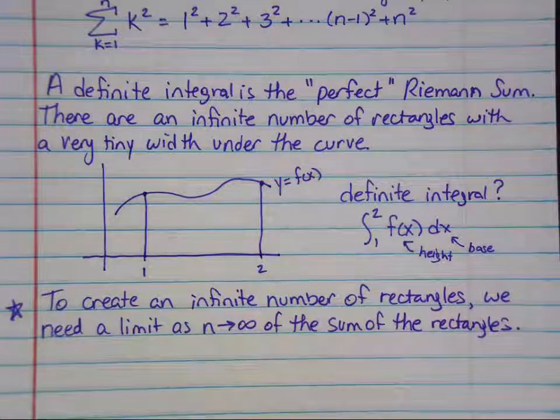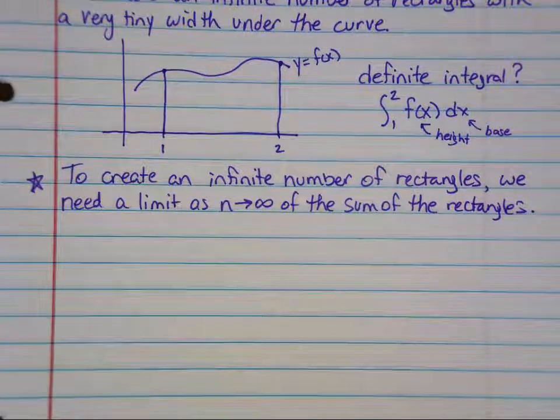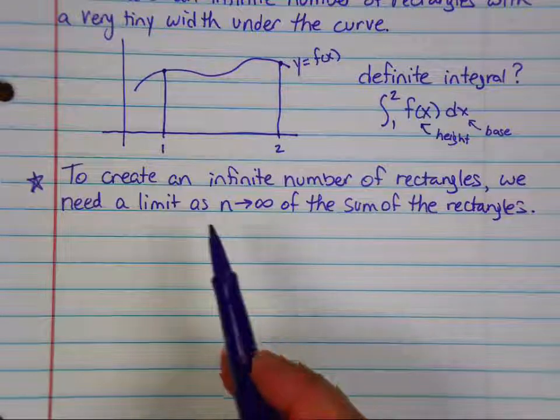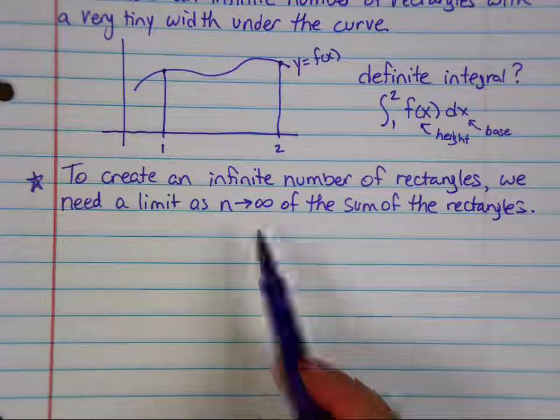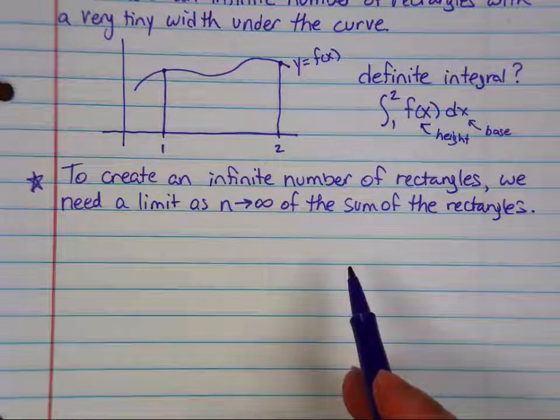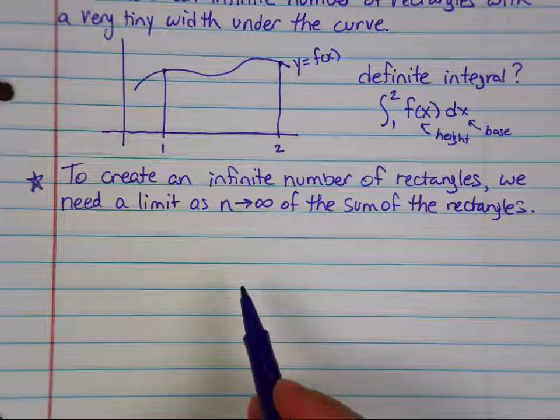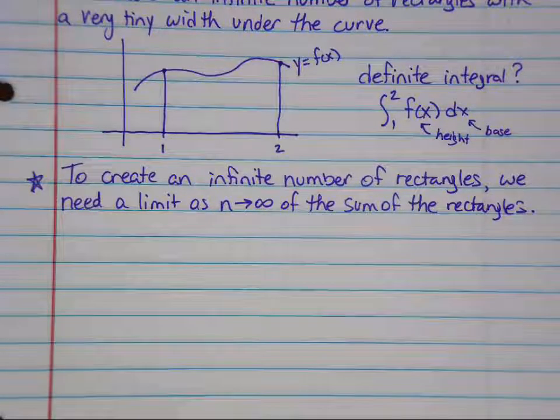Since we can't plug in infinity, the only way we can do it is to do a limit as n approaches infinity. So our answer is going to have a limit notation and then a sigma right after it, because it's saying I'm going to get infinite rectangles that are all added up. So every answer is going to have a limit and then a sum right after it.